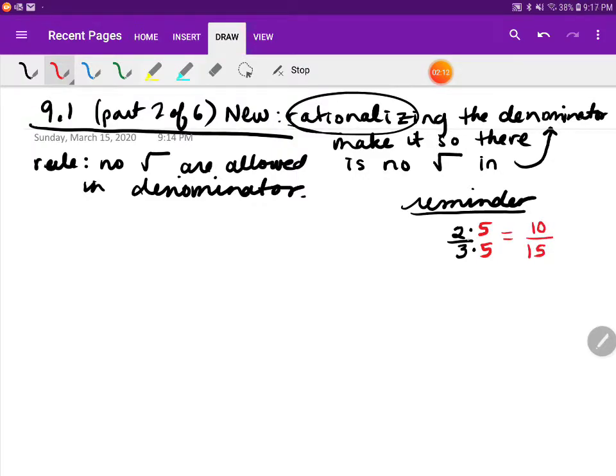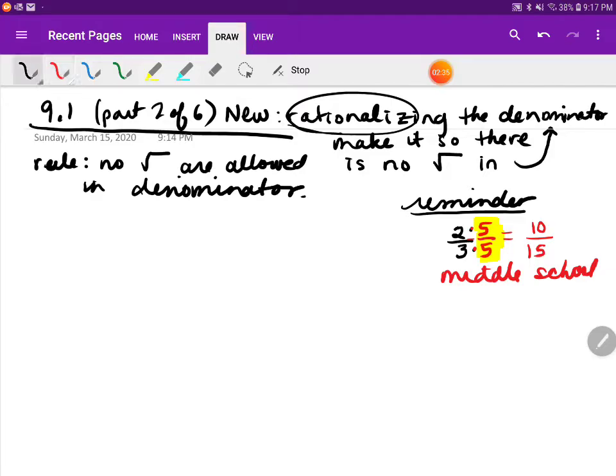This is what we used to do sometimes to find common denominators. And the reason we're allowed to do that is the 5 over the 5, technically, is 1. So you're really just multiplying by a unique version of 1. So this was allowed. This is from middle school, when you're finding a common denominator.